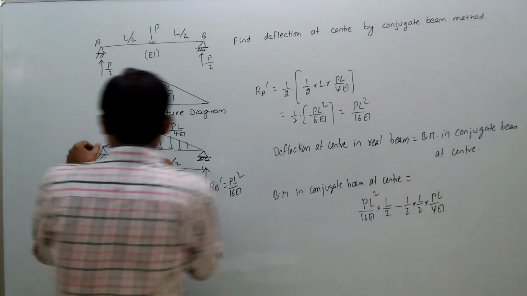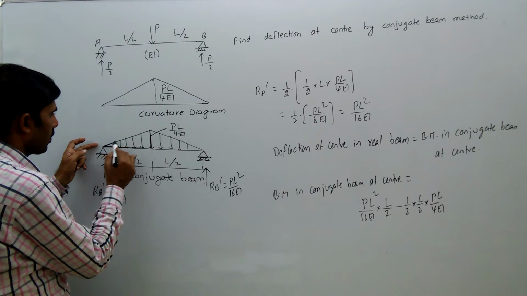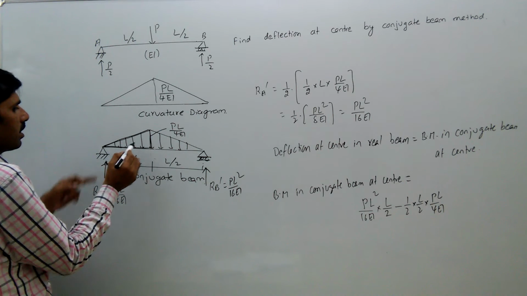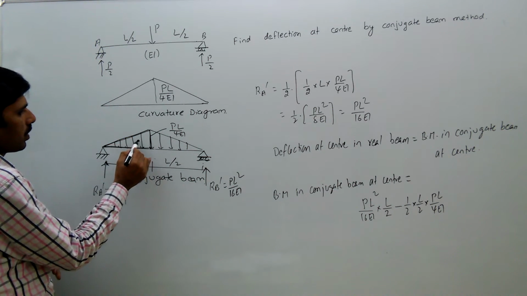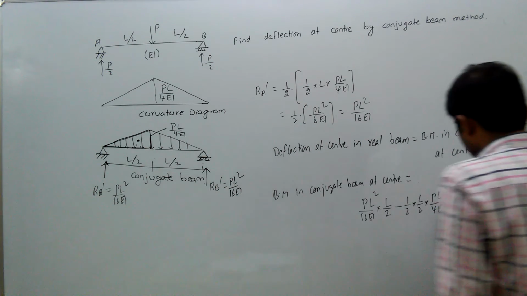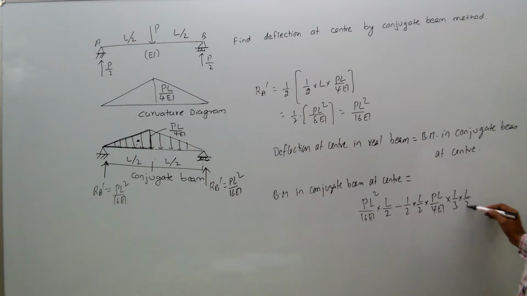That means this triangular load is half into base into height, and the centroidal distance about center means 1/3 of L by 2, into 1/3 of L by 2.